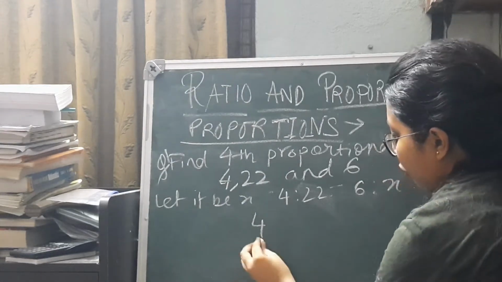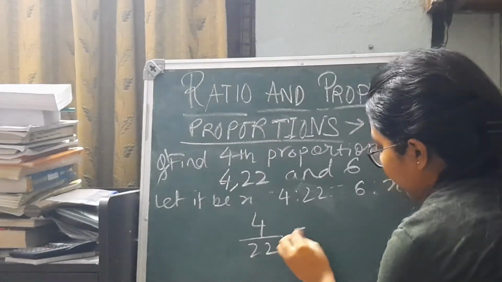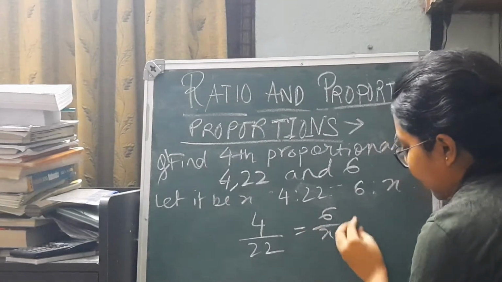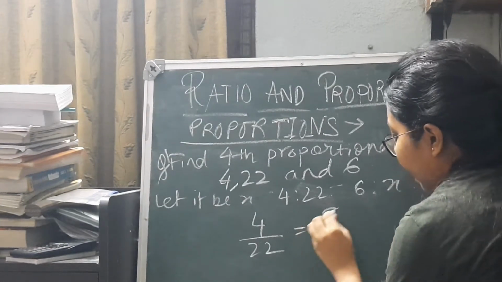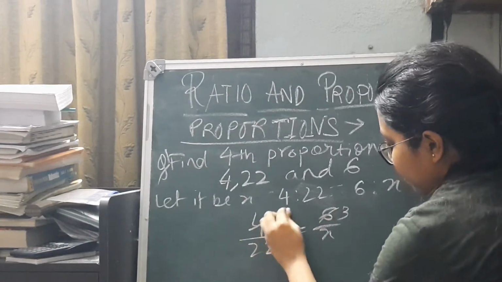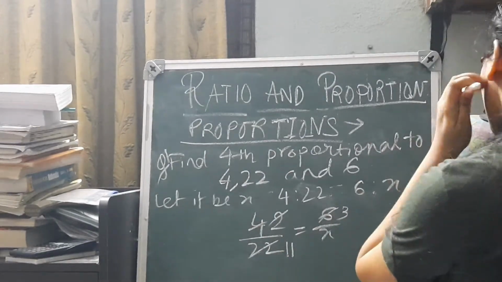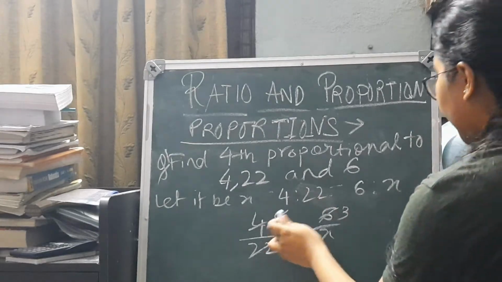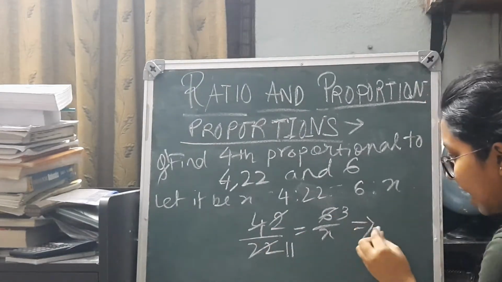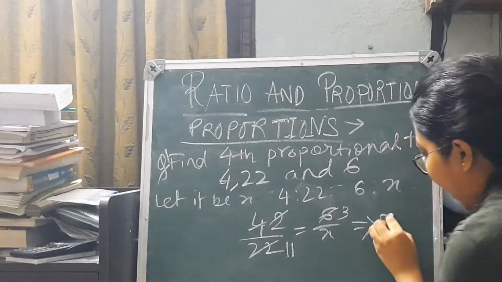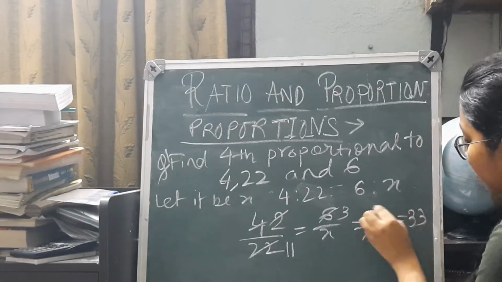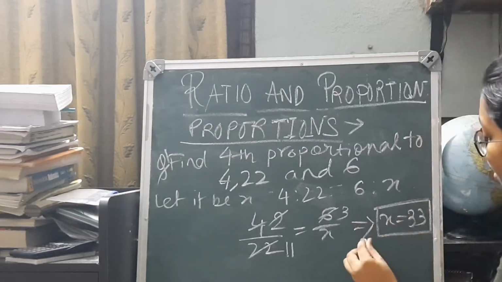So 4 by 22 is equal to 6 by x. If we go for reduction of the factors before we cross multiply, we can see that x is equal to 33. So the fourth proportional is 33.